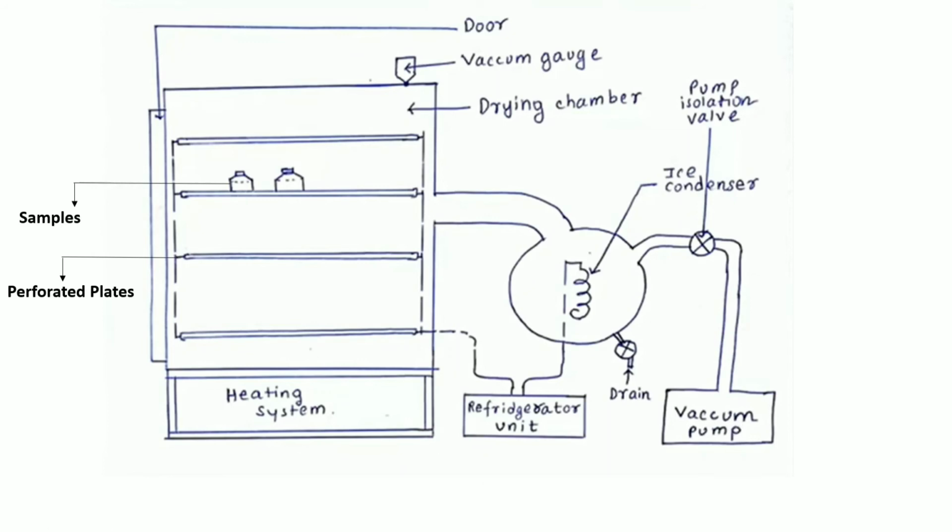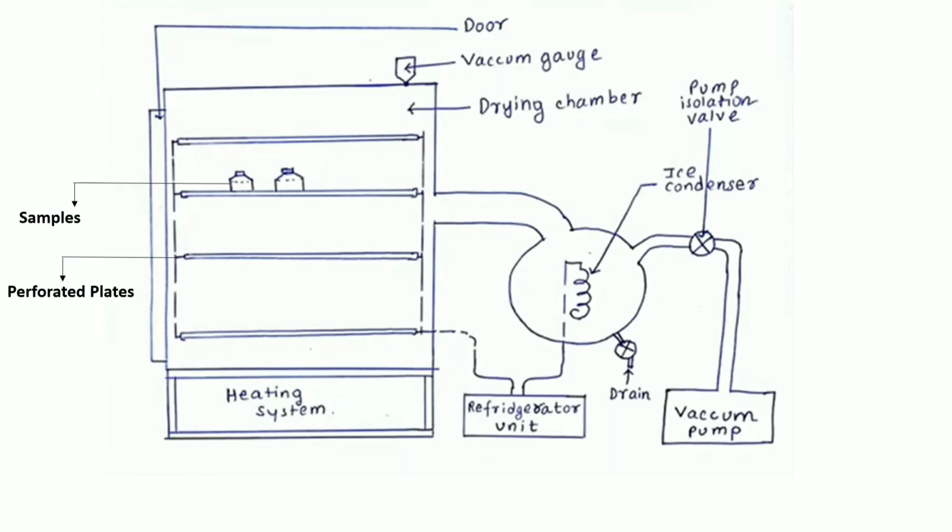So as the pressure is reduced and temperature is increased, the solvent which is present in a solid state is directly going to get converted into gas, and that gas is going to get collected in the ice condenser. This ice condenser is going to convert that gas directly into ice, and that ice is going to be collected with the drainage system.